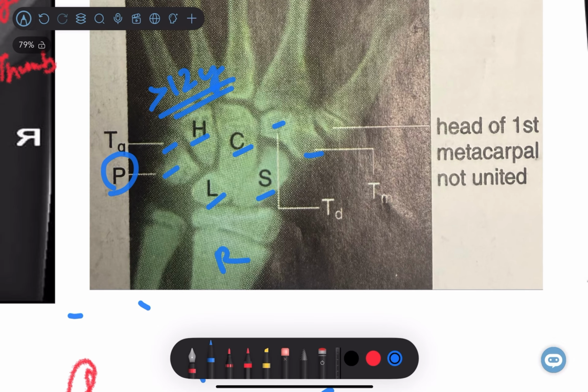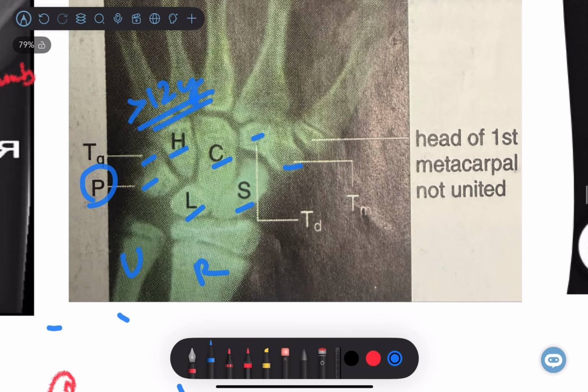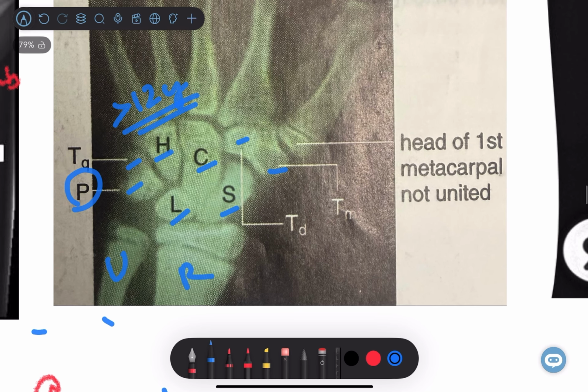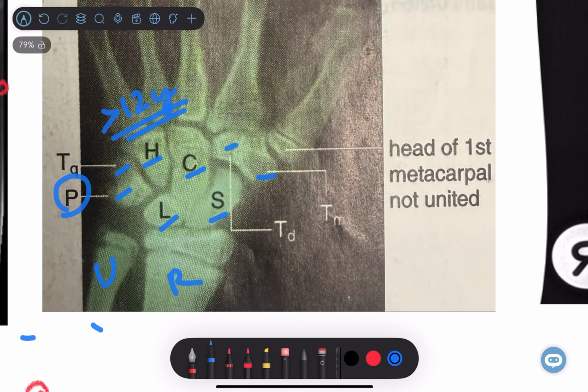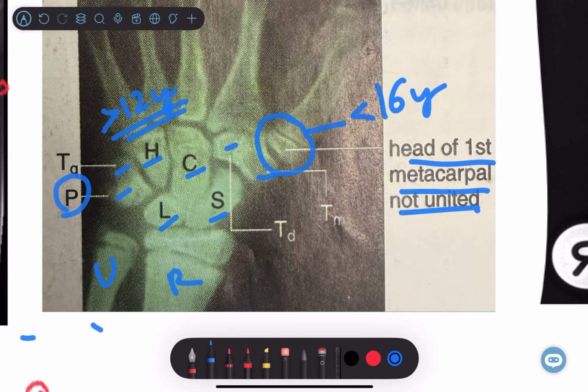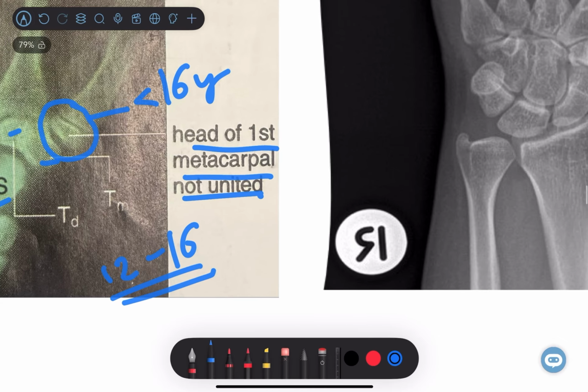Lower end of radius is present, whereas lower end of ulna is also present. Then, what is important for you is the base of the thumb, or the head of the first metacarpal. It is not united with the shaft. This happens at around 16 years. So we can say that the age of this X-ray is around 12 to 16 years.